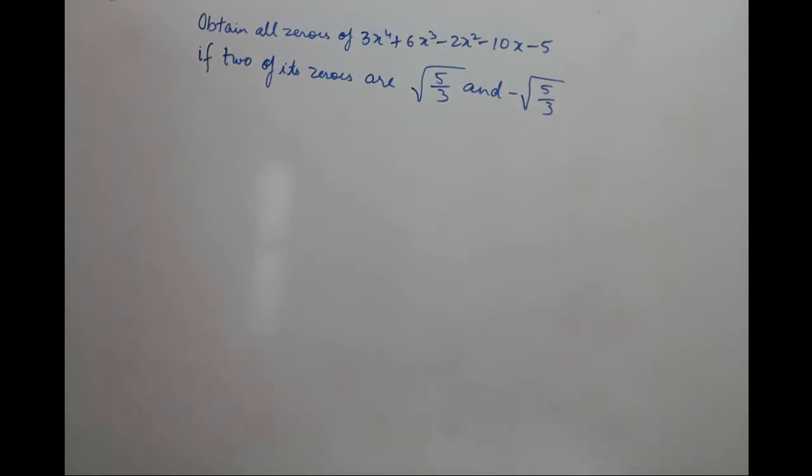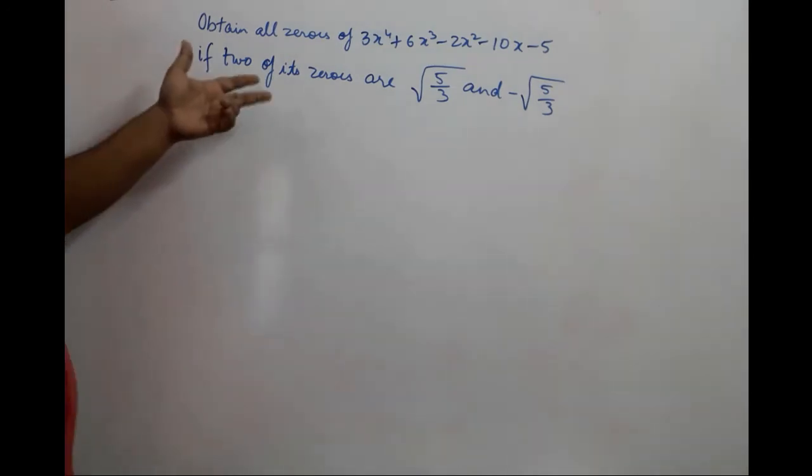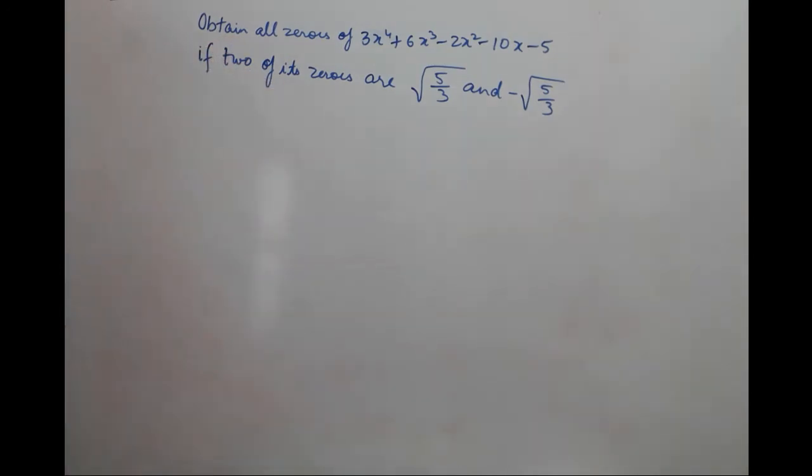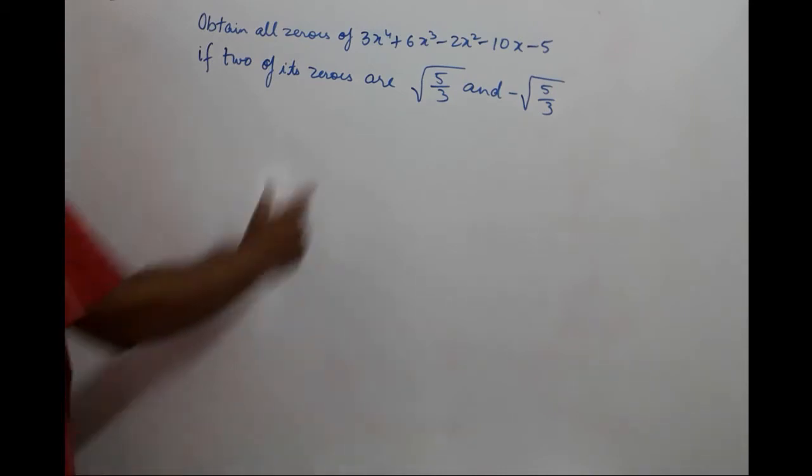We are already given two of its zeros: square root of 5 upon 3 and minus square root of 5 upon 3. Remember, you get an idea of how many zeros there are in a polynomial based on its highest degree.